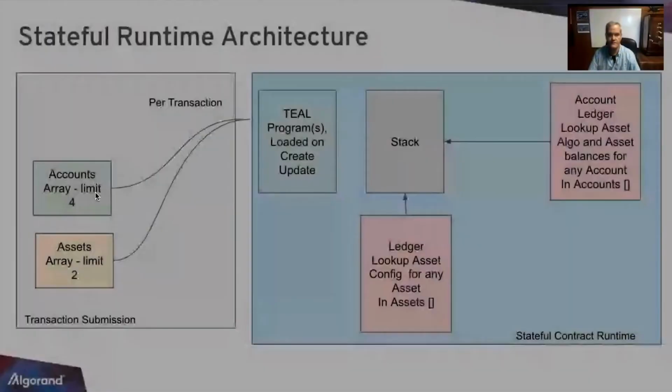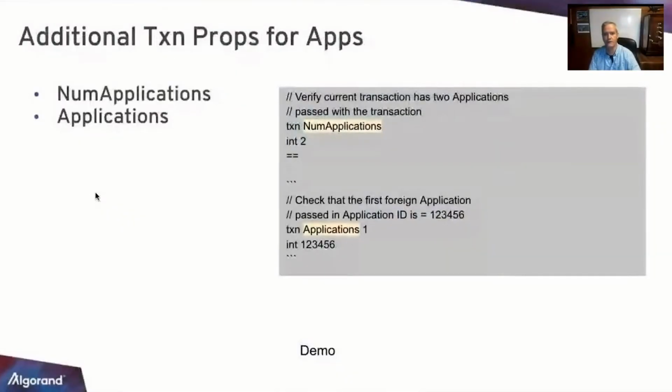But one of the things that we allow now is we've added some additional transaction properties to support better interrogation of that applications array. So in this case, there's a transaction property that allows you to look up the number of applications in the application array. In this case, I'm looking for, is the transaction number of applications equal to 2? That's all I'm looking for.